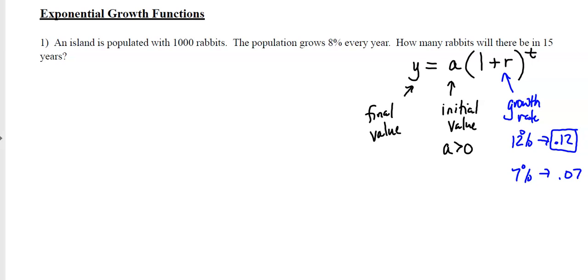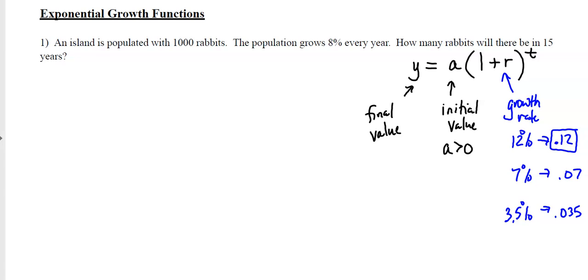You have to put a 0 in front of single-digit percents. If it was something like 3.5%, if we get something like that in a problem, it's going to be 0.03. That would be 3%. And then you just put a 5 on the end. So I'm just showing you some possibilities.